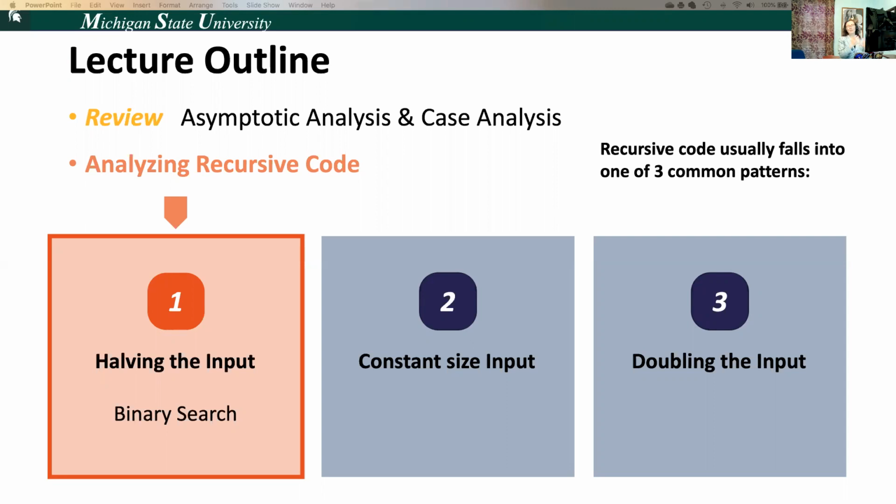Number two is the constant size input, which is what you're going to do for your project. When we give you project number two, I'm referring to project number two, don't confuse it with project number one. That has nothing to do with recursion, so don't go on Piazza saying, oh my God, she asked me to do things recursively. No, in project number two, you're going to work with constant size input, the singly linked list we ask you to process.